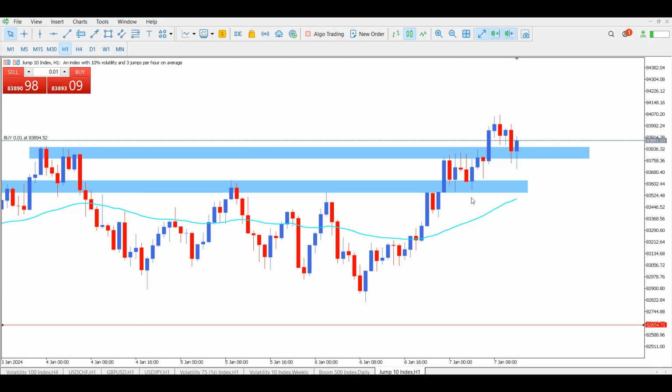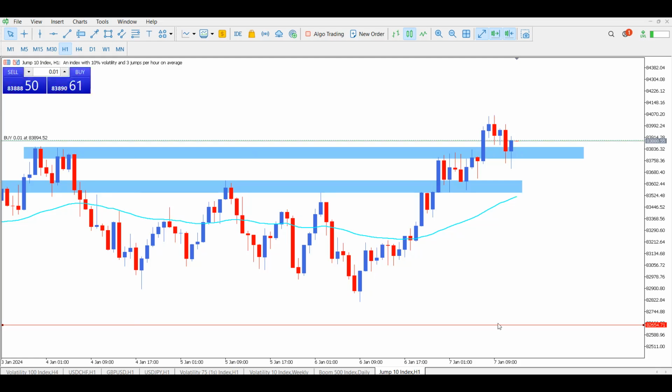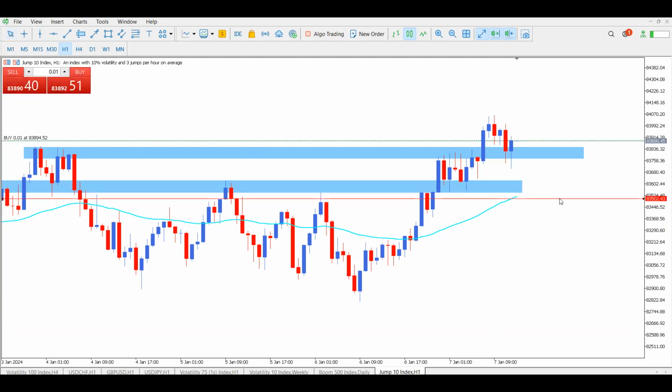And assuming I want to have my stop loss just below this structured level, giving price enough room to do its thing, most likely before heading in my direction. So I'm looking to have my stop loss somewhere at 83502.